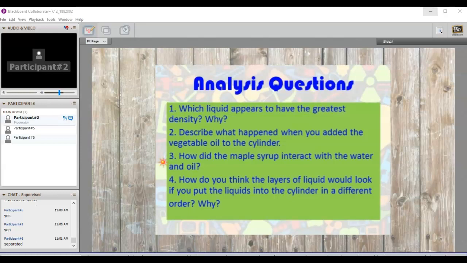Right, it would have separated itself out and it would have gone to the bottom. So even if we poured the water in first, that syrup would have gone down to the bottom below it.